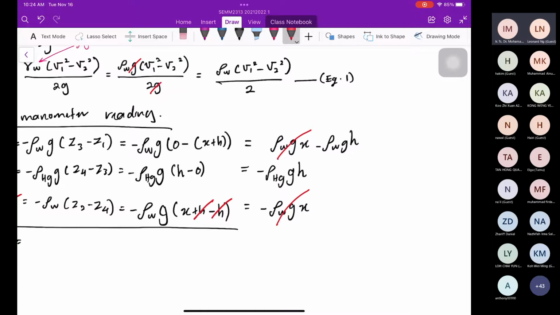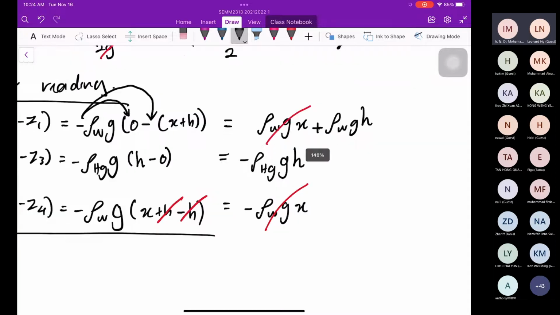Okay, now I understand. So, this one calculation wrong. This is positive, because this is multiplication. Now it becomes negative, negative, positive.